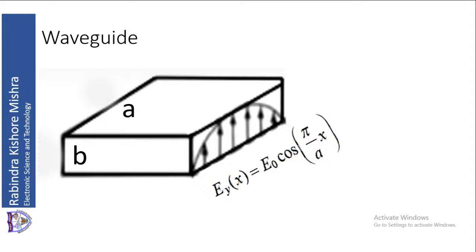Now you can see it is varying along the x-axis. At the two ends of the x-axis, the value of x is equal to minus a by 2 and a by 2. At the center of the waveguide we have the origin of the coordinate system.